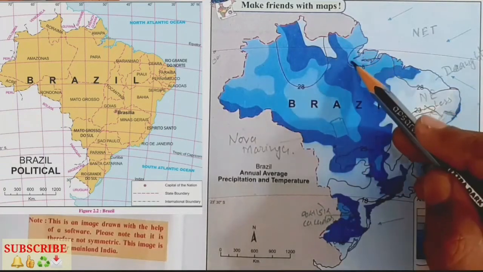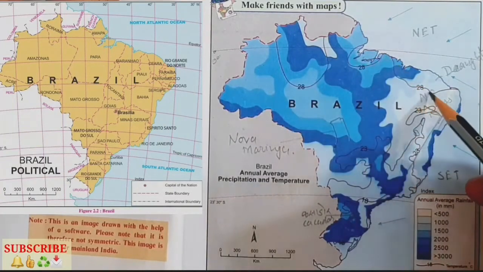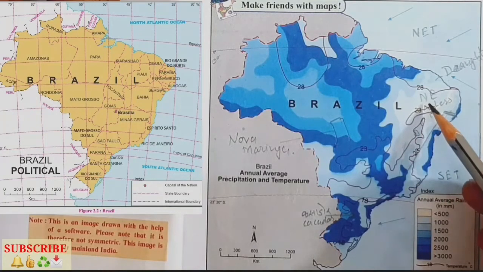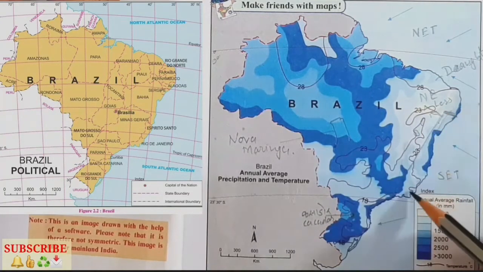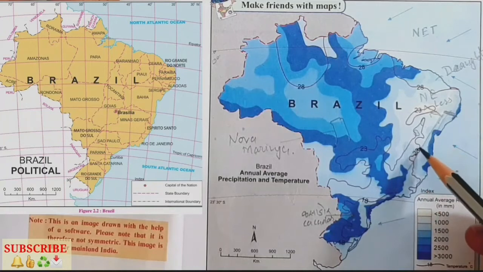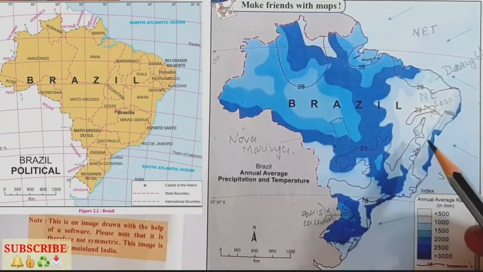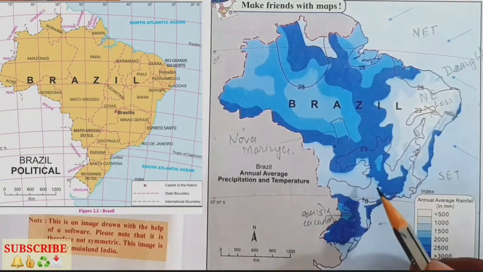Here also, if you see this line, 28 degree centigrade. Now here we can see this pink line, 23 degree centigrade is the temperature here, and here also 23 degree centigrade. So the isotherm shows the similar temperature.